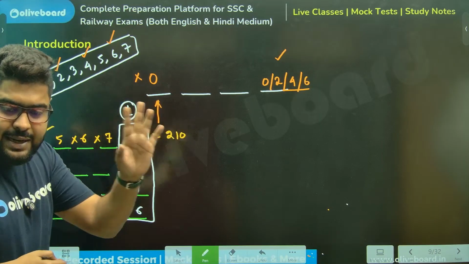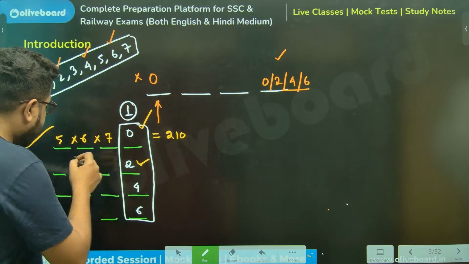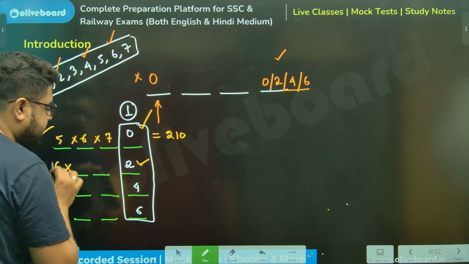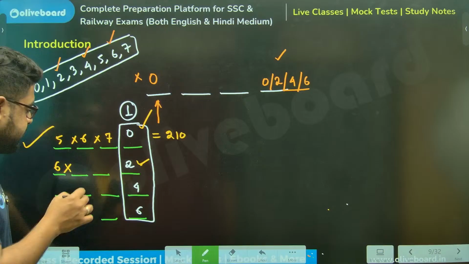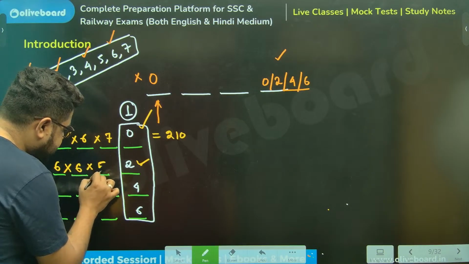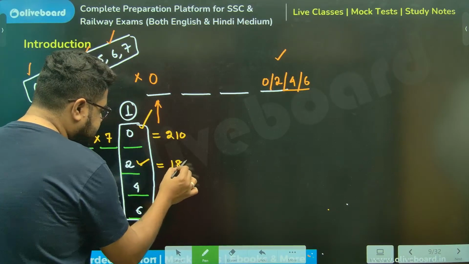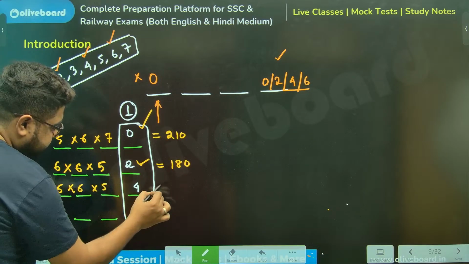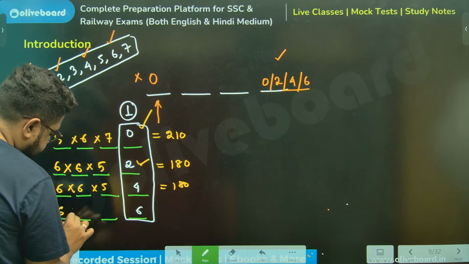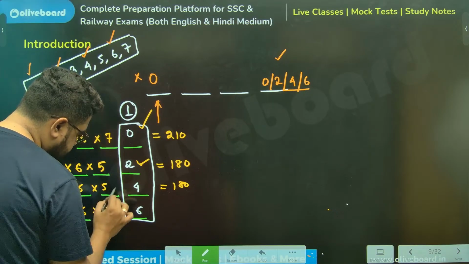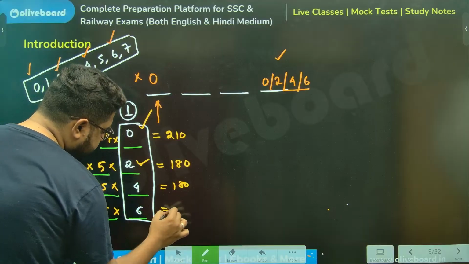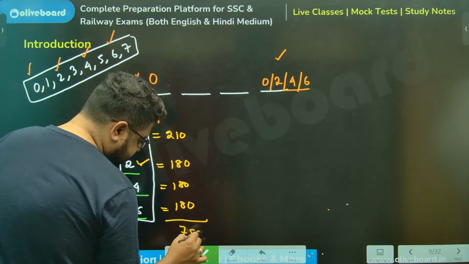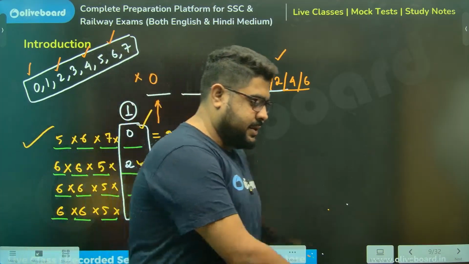So I only have 6 choices here, because I cannot put 0. Then 6 here, 5 here. So this is 180, 36 into this. And the same thing will happen for the other cases as well. So 540 and 210, 750 will be the correct answer.